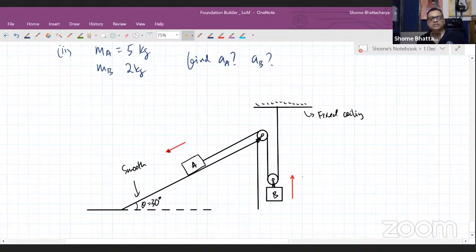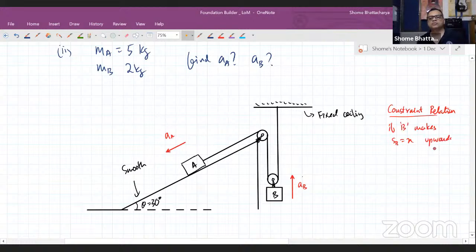So first thing we have to understand is the constraint relation. Okay. So the constraint relation, how will it come? If B makes a displacement of x upwards, what happens?